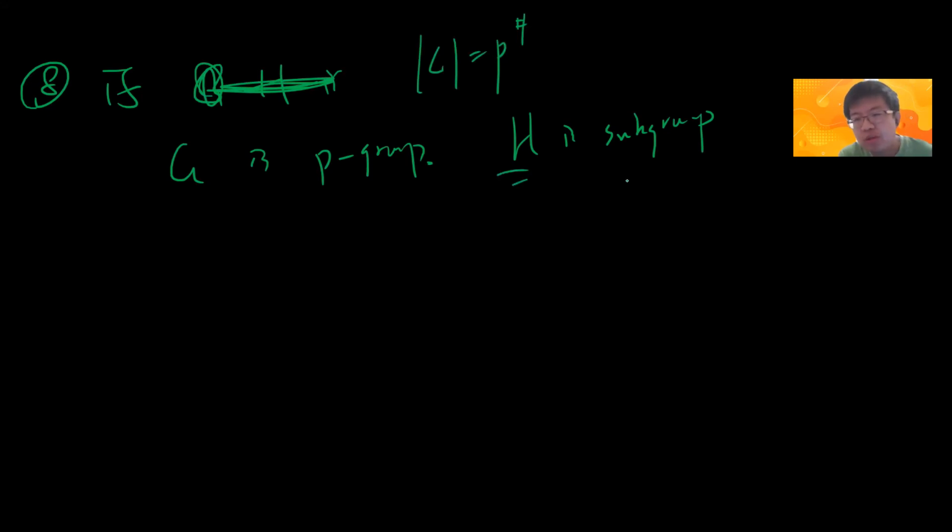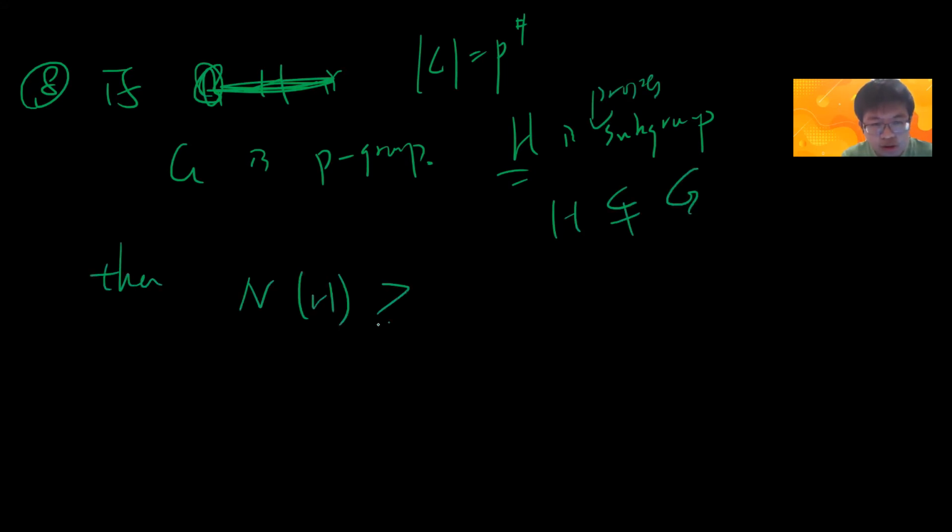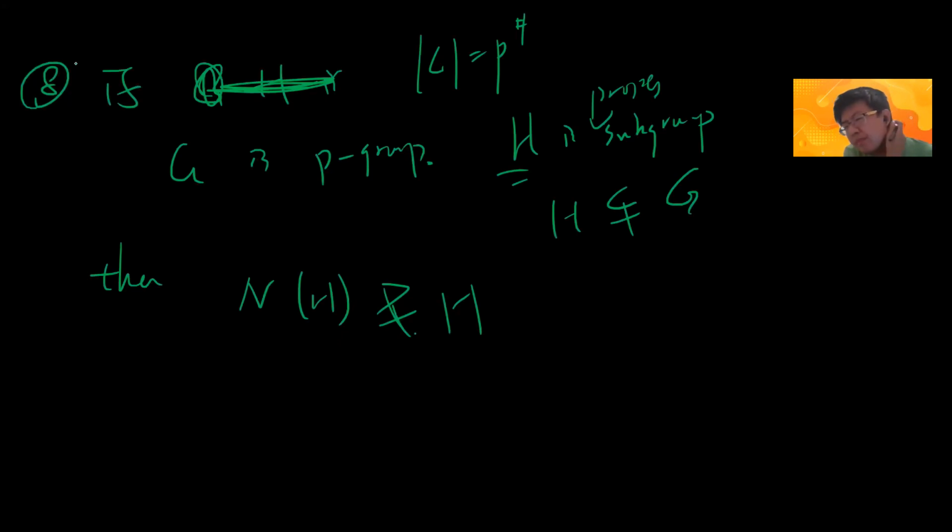So H must be another prime power group, but it's proper. Then the normalizer of H will definitely be larger than H. The proof is a little bit weird. I can consider G over H.